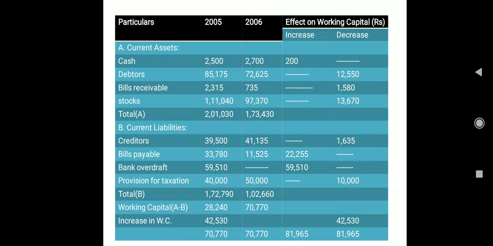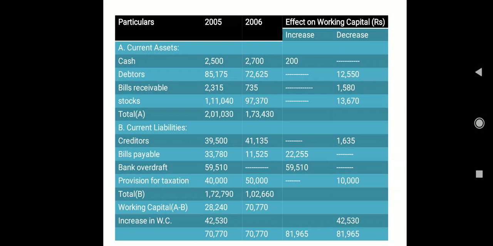Similarly, we have to do the same with the increase and decrease columns. First we make the total of the increase column, which is 81,965. Then the total of the decrease column is 12,500 plus 1,580 plus 13,670 plus 1,635 plus 10,000.